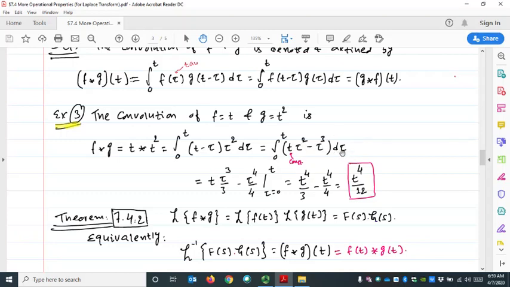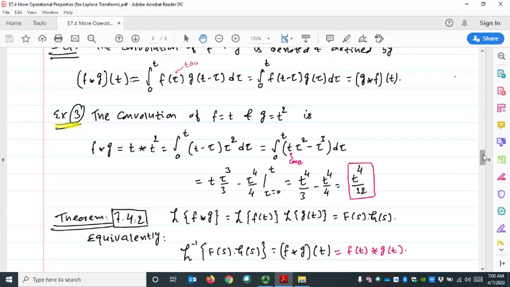With respect to the d tau integral, t is constant, so the integral of t times tau squared with respect to d tau is t times tau cubed over 3, minus similarly tau to the power 4 over 4, with limits tau equals 0 to t. Put tau equals t, so this gives us t to the power 4 over 3 minus t to the power 4 over 4. Simplifying gives us t to the power 4 over 12.